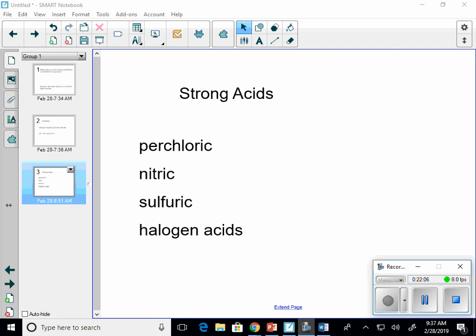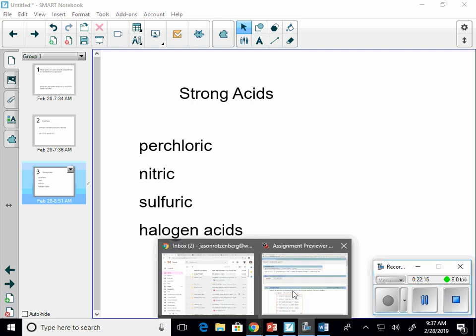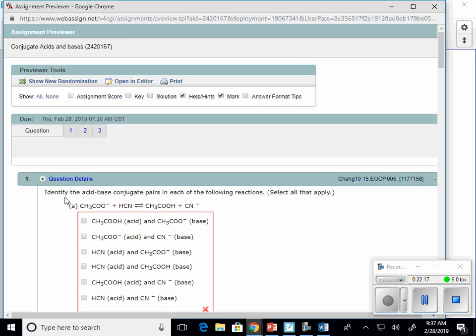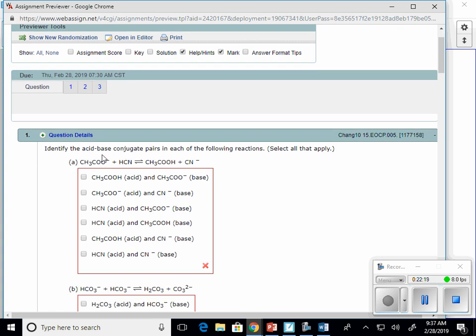And then, I know Claire was already looking at the web assignment and had a question, so I thought I'd just address that with everybody as well to wrap up class here. In number 1, it says identify the acid-base conjugate pairs. Now, the only issue that I have with this question is it doesn't use the adjective conjugate at all, but you're looking for which 2 things are pairs of one another.